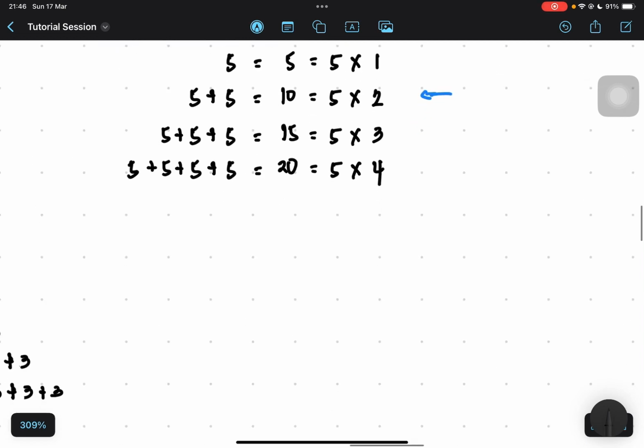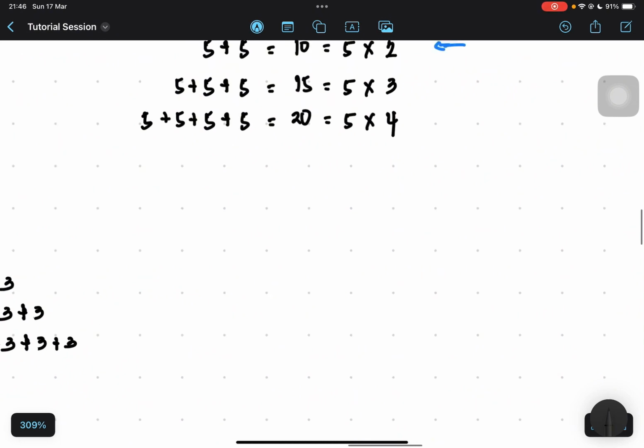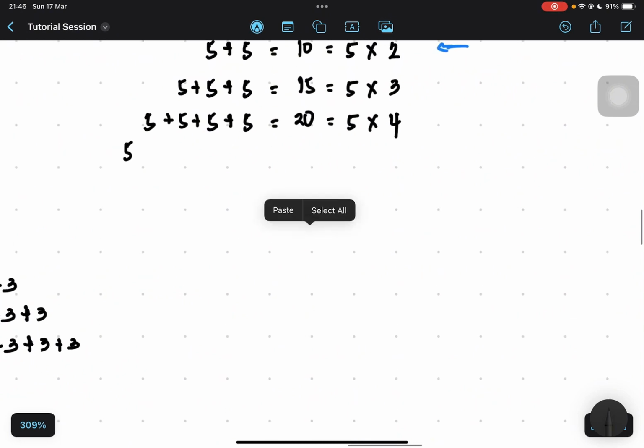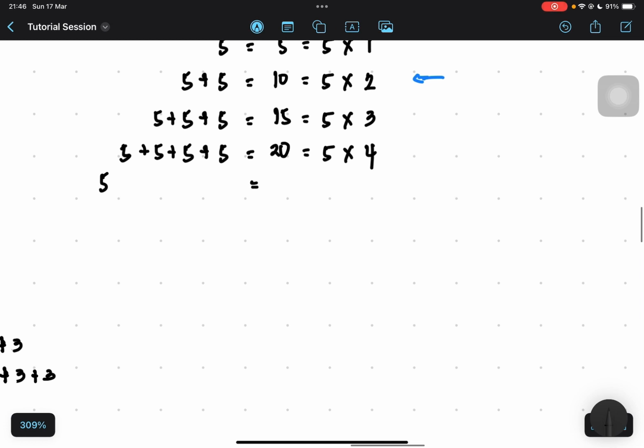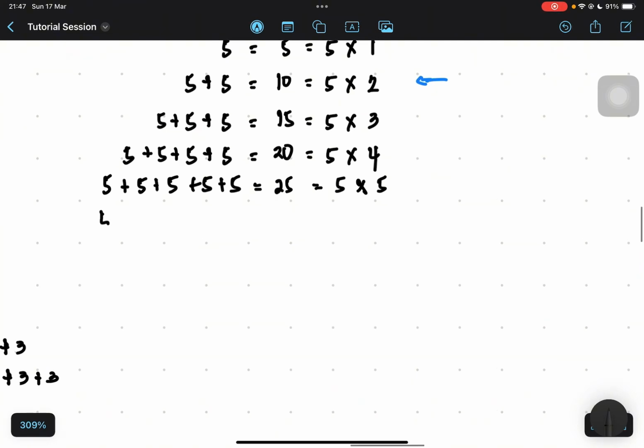Let's continue the pattern. If we add another 5 from the previous one, that becomes 25. That is adding 5 by itself 5 times. Then adding another 5 from the previous one, it makes 30. That is adding 5 by itself 6 times.